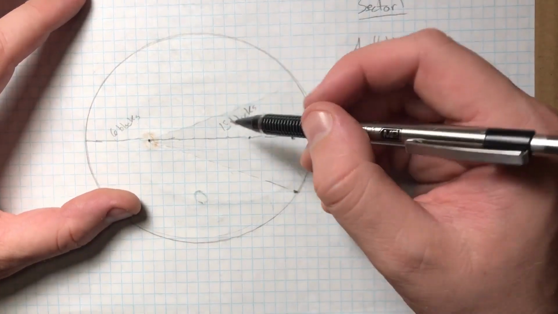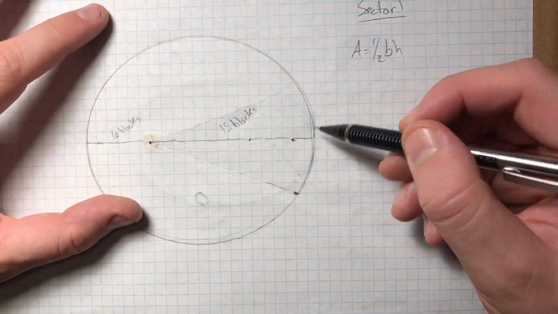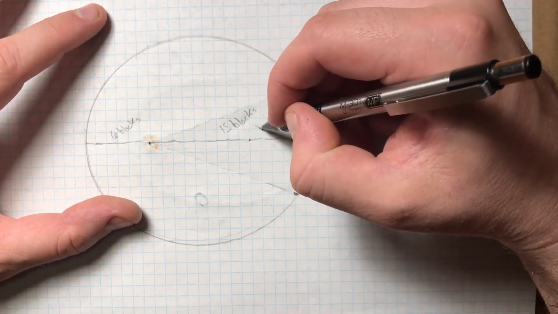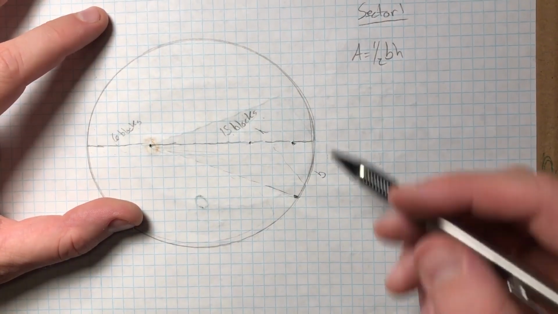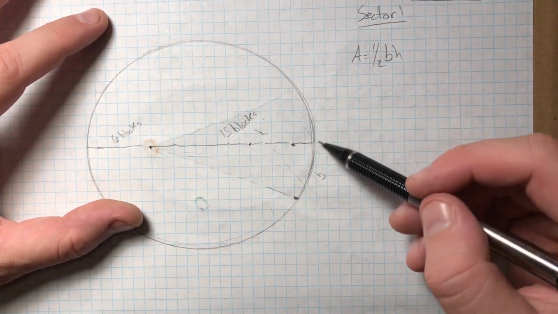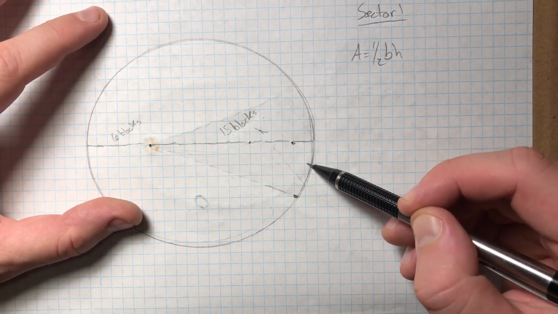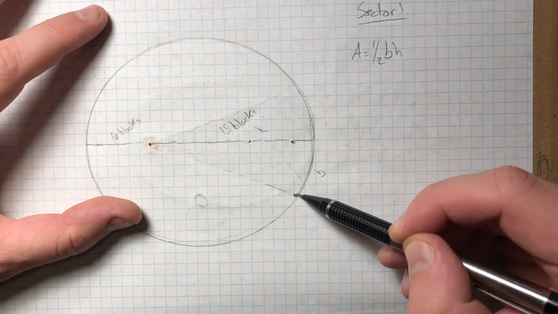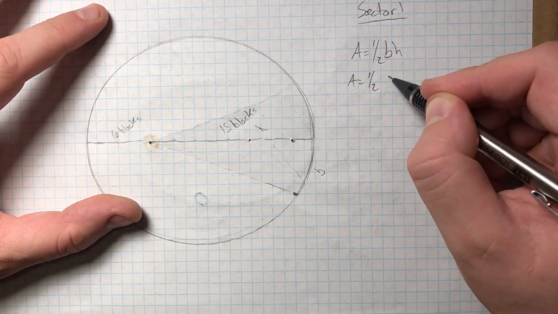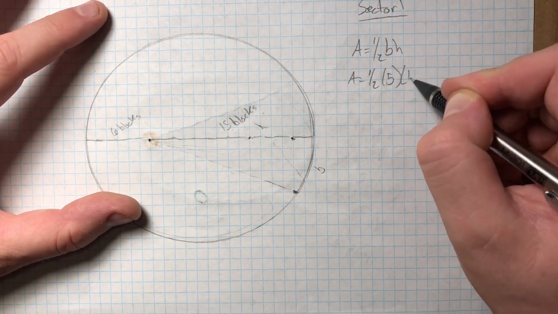All right, so we know this side is 15 blocks, and now we just have to get the base. So this would be our height, and this would be our base. Now this is an approximation, it's not exact, but it is close enough. So 1, 2, 3, 4, and 5. So area is equal to 1/2 times 5 times 15.